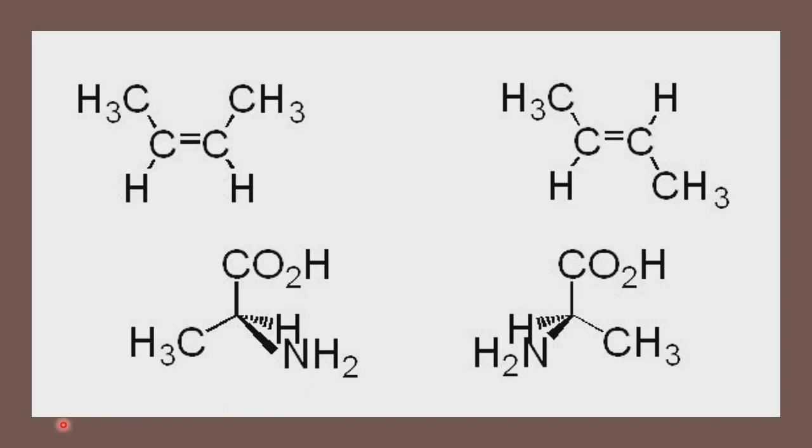They have the same formula and the same structure, but they have different spatial orientations of the bonds, such as the CH3 here, unlike the other one that is located here. Later on we will understand the meaning of cis and trans configuration. The same is true of this structure. Look at the difference in the arrangement of the molecules.